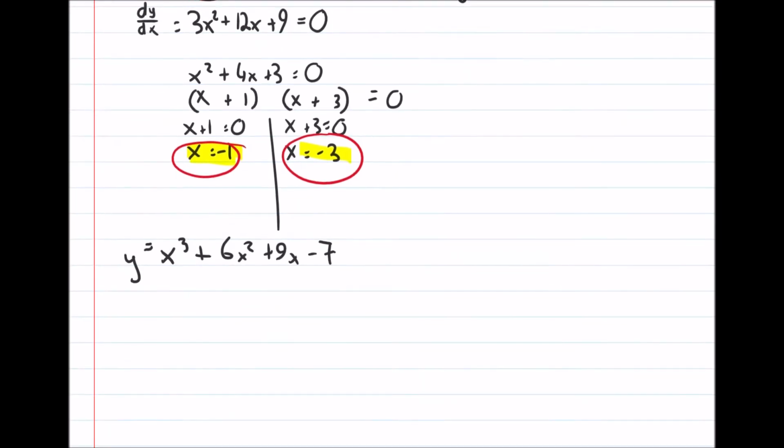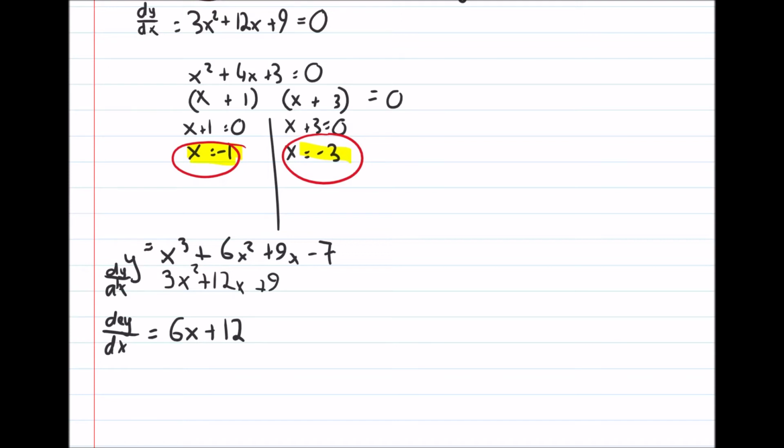I'm already after differentiating it once. I got 3x squared plus 12x plus 9. So that's dy dx. I need now to differentiate it a second time, and I will get 6x plus 12.